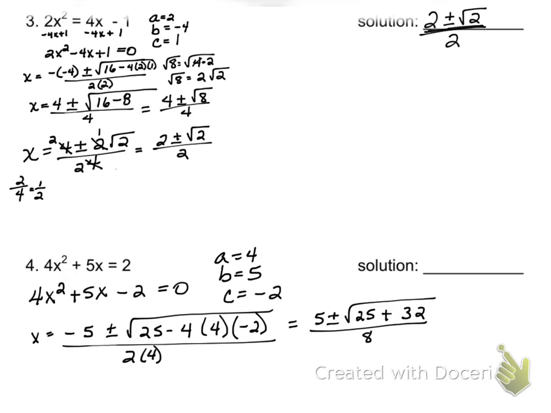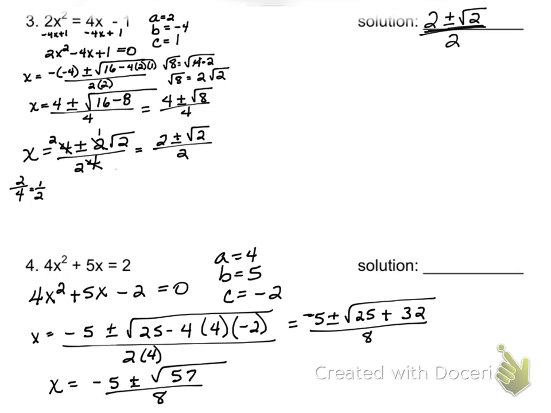Now we add what's under the radical, and so you have x equals negative 5, I didn't bring that negative, plus or minus the square root of 57 over 8.